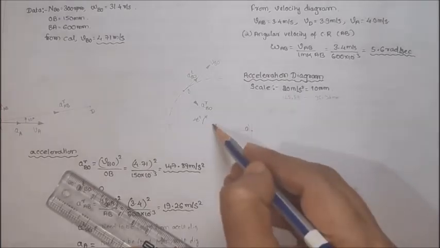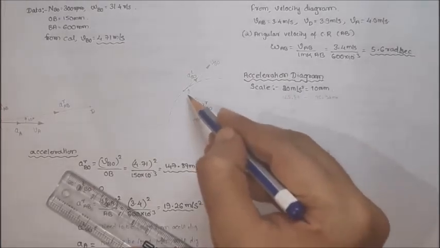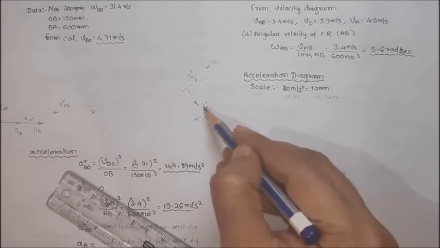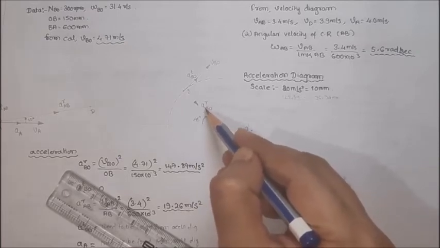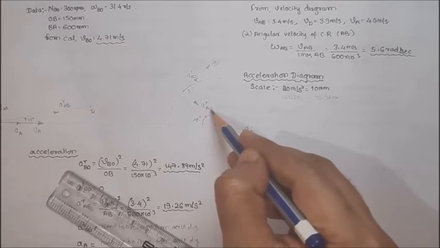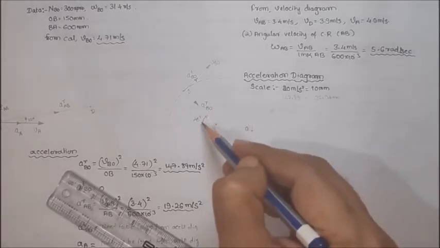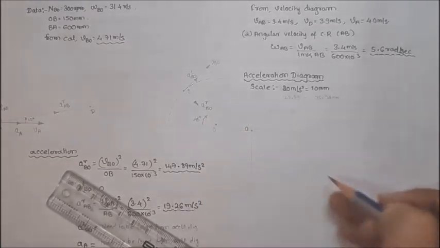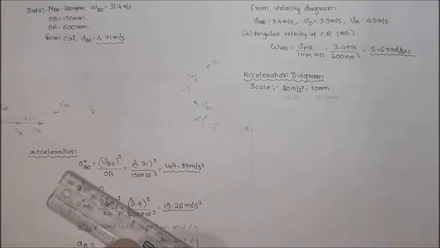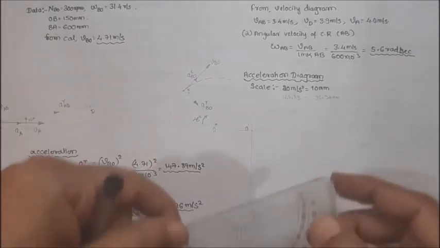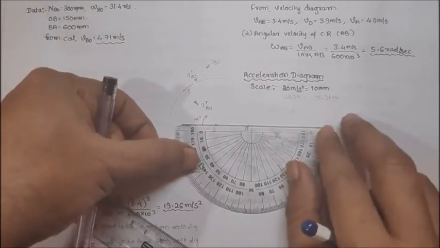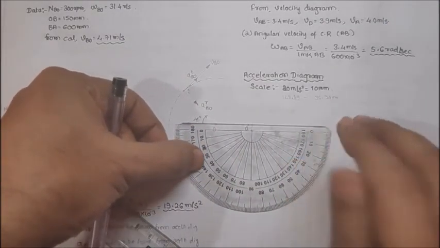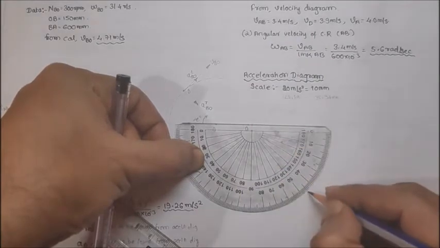Next we have to draw the radial acceleration of A with respect to B, with respect to O. This is 45 degree, so we can produce that line 45 degree down here. For that we'll keep our protractor at point O and draw parallel to this one.